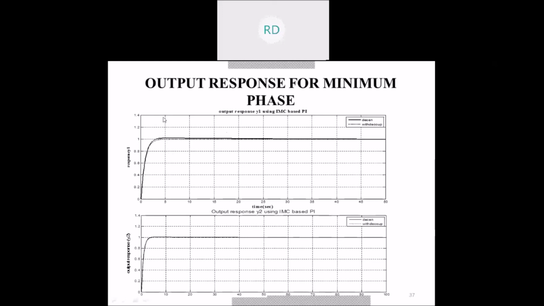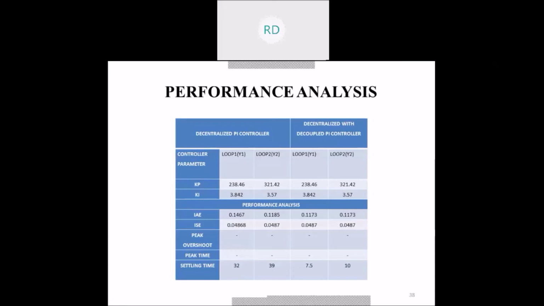I'm not getting any overshoot here, and it is also settled very soon, even in about 3 seconds, right? This is the minimum phase, y1 and y2, loop 1 and loop 2.